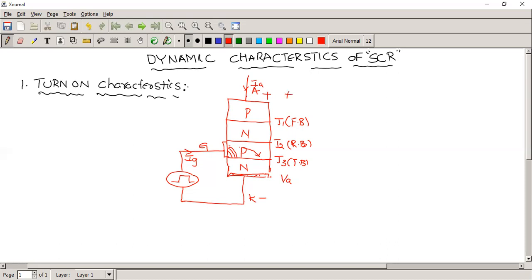Once the device is on, the voltage drop across the device comes to the on state voltage. Nothing but the anode voltage will be changing from the rated value to the on state voltage drop of the SCR, that is nearly 0.8 to 1.2 volts. So the same thing we are representing in the graph.